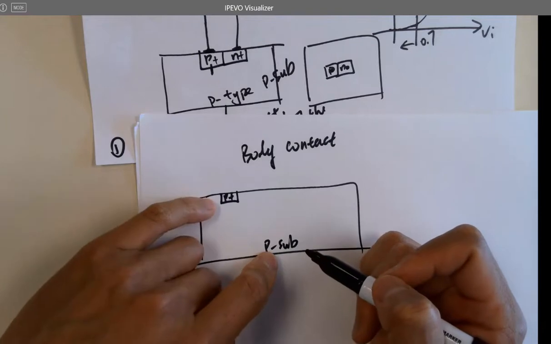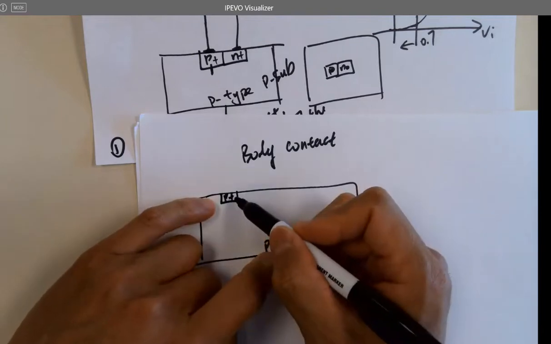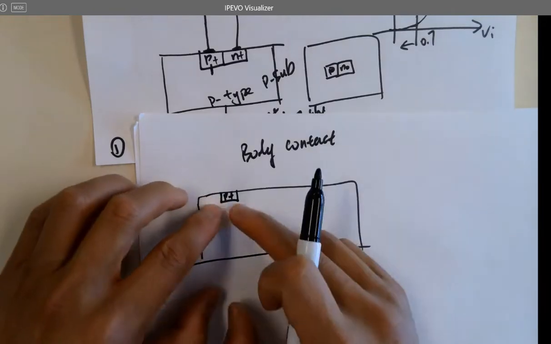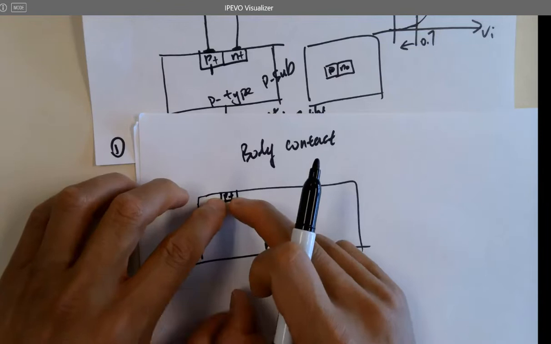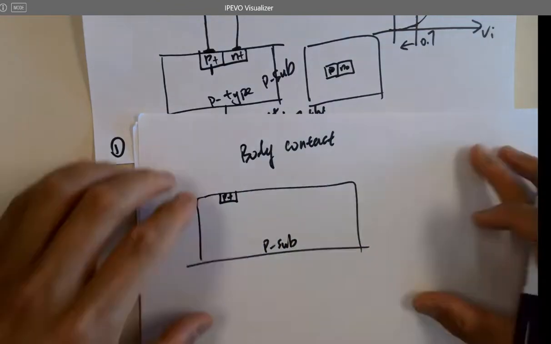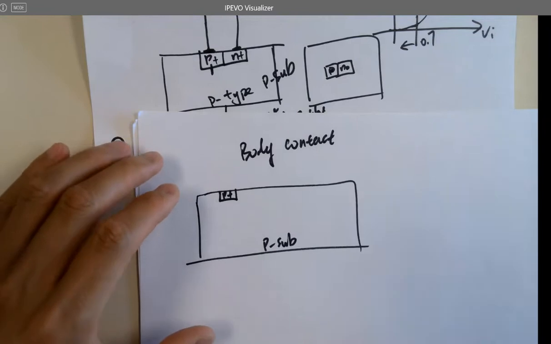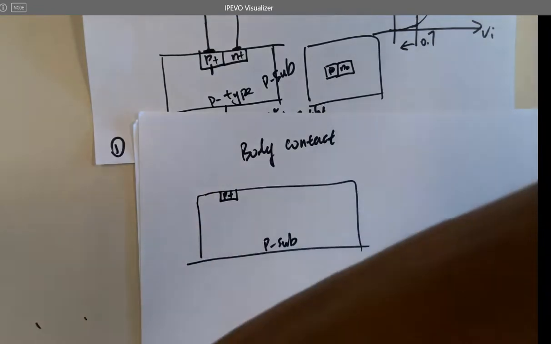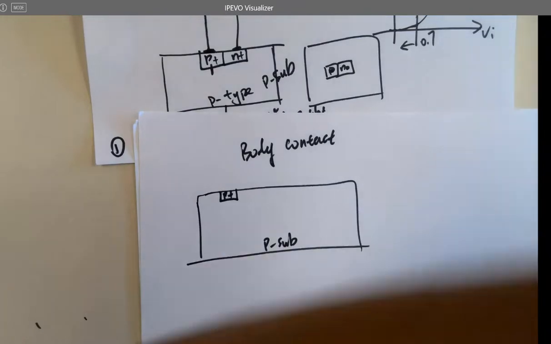The P plus and P sub have the same type of dopant, but what's the difference? Higher concentration, it is heavily doped, so it's more conductive. P sub is just a P-type silicon wafer. They are very similar, just a different concentration. But still, if you put the P plus in the P sub, they are considered shorted.